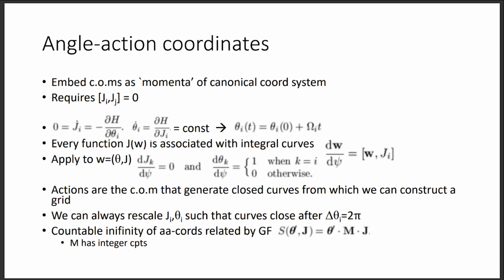So the generating function we're choosing here depends on a new angle variable and an old action. And it's going to be a new angle variable dotted into a matrix. This matrix, we'll see, has to have integer entries, times the old action.